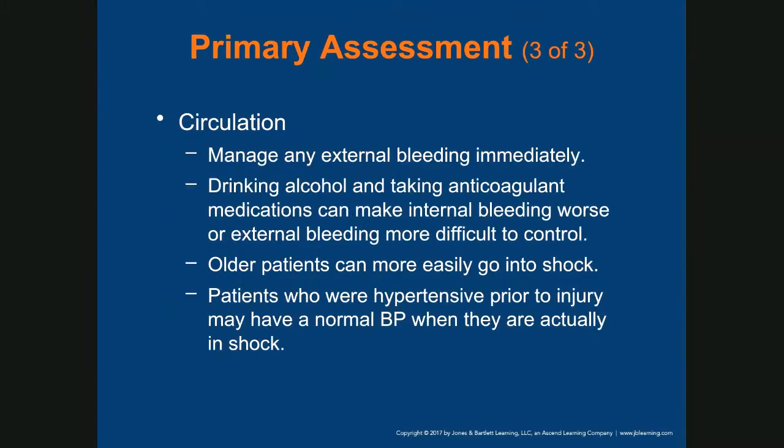For circulation, manage any external bleeding immediately. Drinking alcohol and taking anticoagulant medications make internal bleeding worse or external bleeding more difficult to control. Older patients can more easily go into shock. Patients who were hypertensive prior to injury may have a normal BP when they are actually in shock.